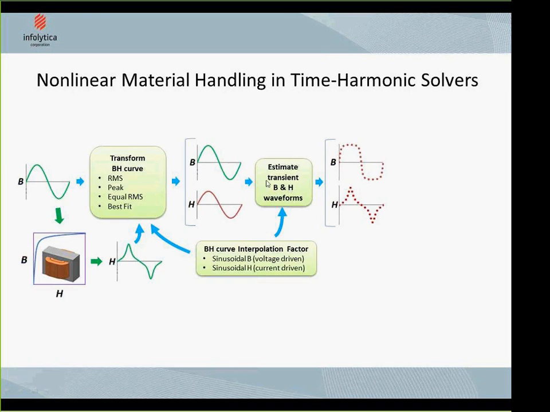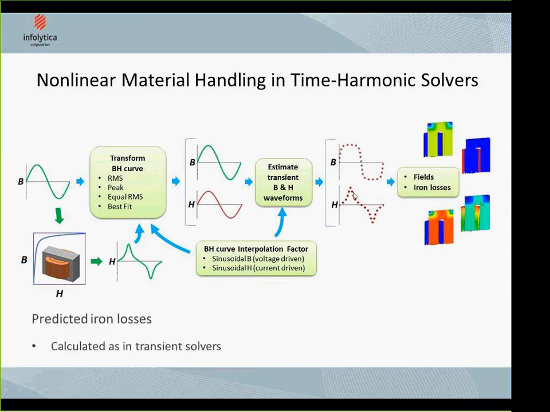But in this stage, you're also considering whether your waveform is sinusoidal B or H, and you can also interpolate between the 2, either sinusoidal B or sinusoidal H. And from these, you can estimate your fields and iron losses.